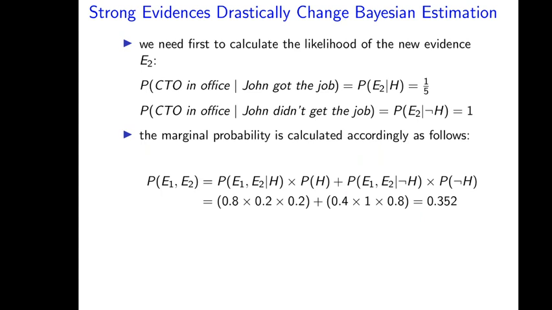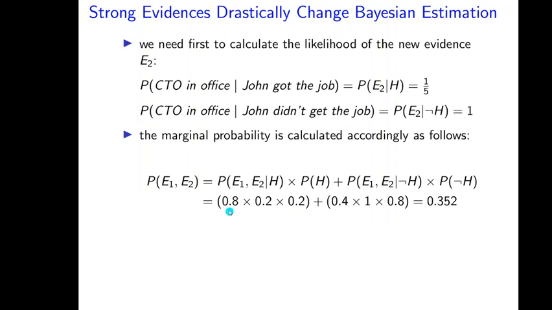So accordingly, we can calculate the marginal probability as follows: probability of E1 and E2, evidence 1 and evidence 2, equals the probability of evidence 1 and evidence 2 given the hypothesis times the probability of the hypothesis, plus the probability of evidence 1 and evidence 2 given the complement times the probability of the complement of our hypothesis. So we have the first component equals 0.8 times 0.2 times 0.2.